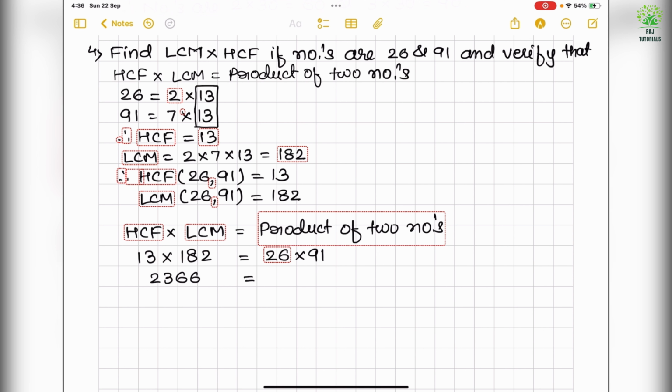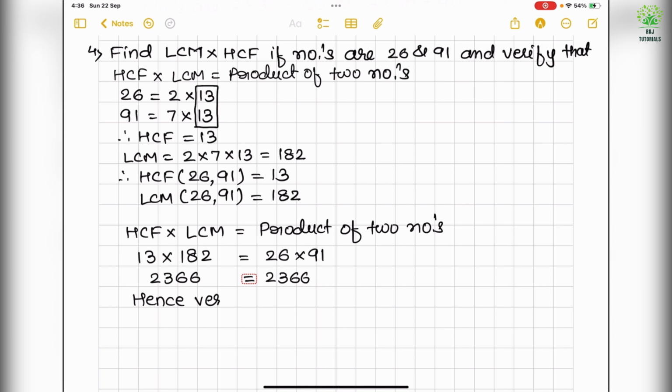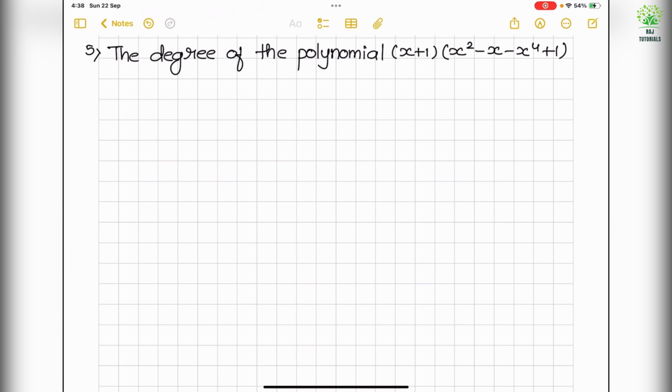So if I multiply 13 into 182, I get 2366, and if I multiply 26 into 91, I am getting 2366. So I can say hence verified.